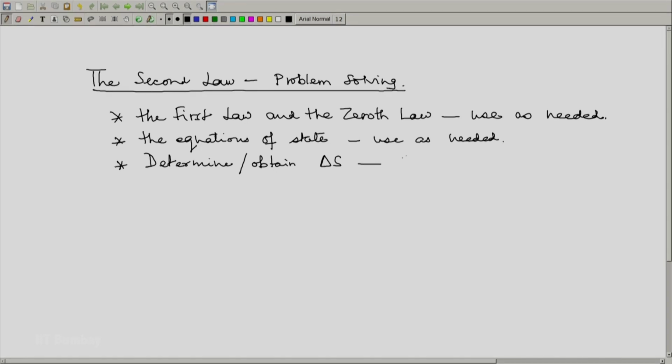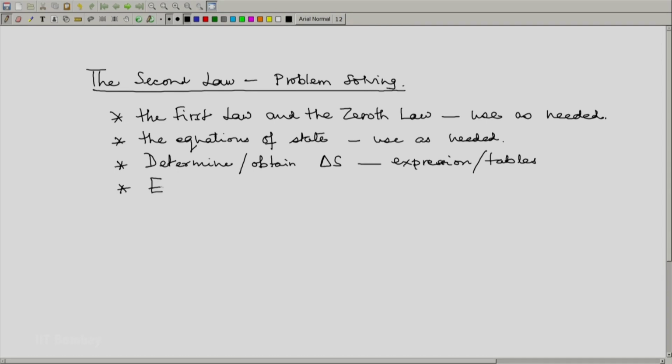Here we may use an expression, or here we may use tables. Expressions are appropriate for simple systems like an ideal gas, whereas tables are appropriate for a situation where you have water and steam.